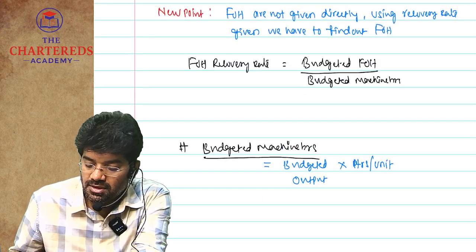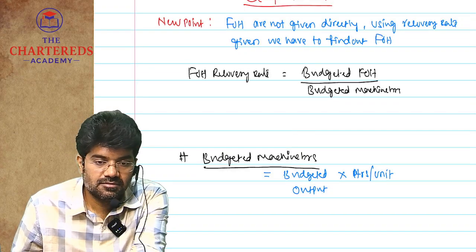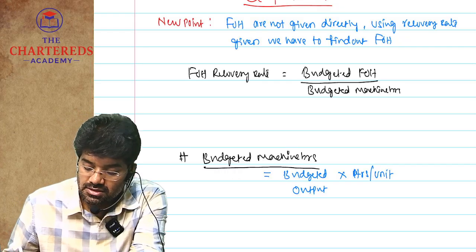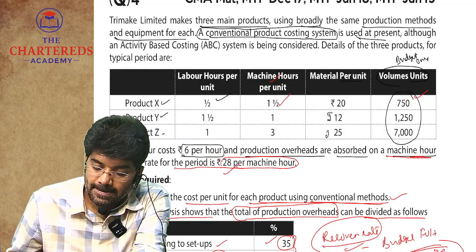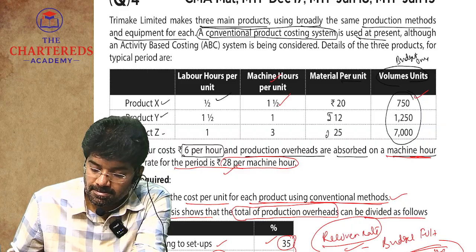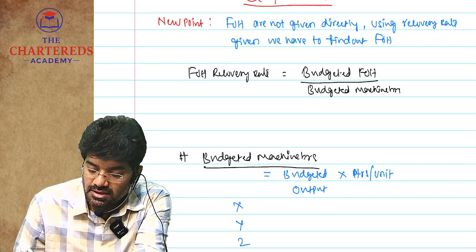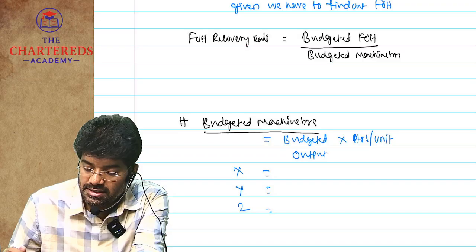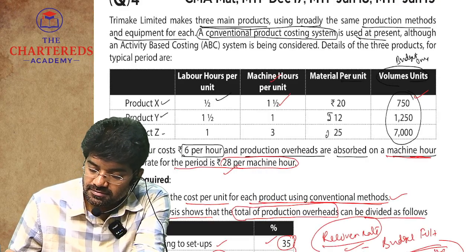How many products are they making? 3 products: X, Y, and Z. What is the budgeted output of X? 750 into 1.5.